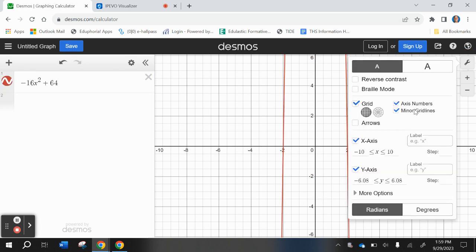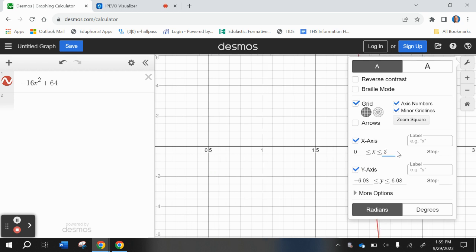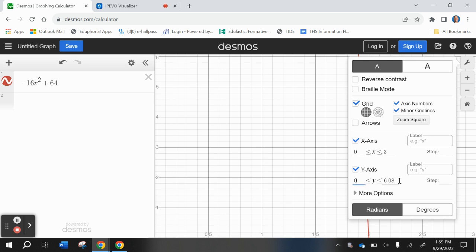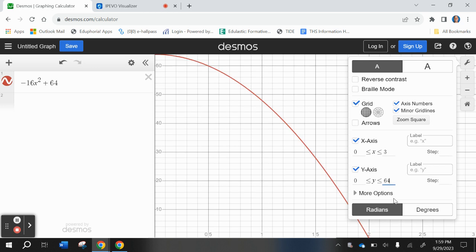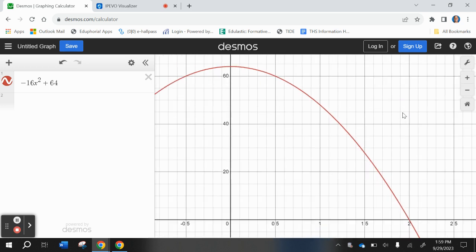We're going to go from 0 to 3, and 0 to 64. Okay, and then here we go. We might zoom out just a hair.